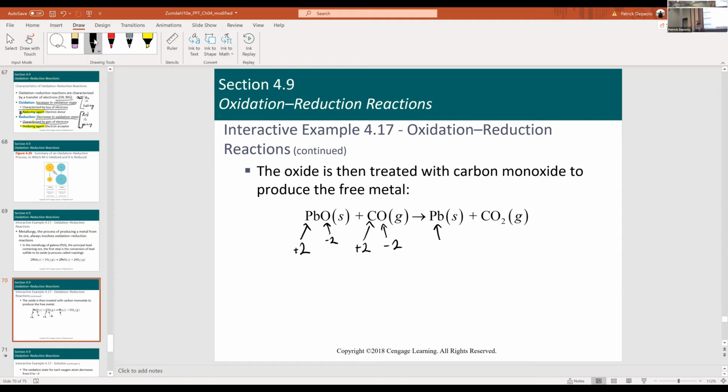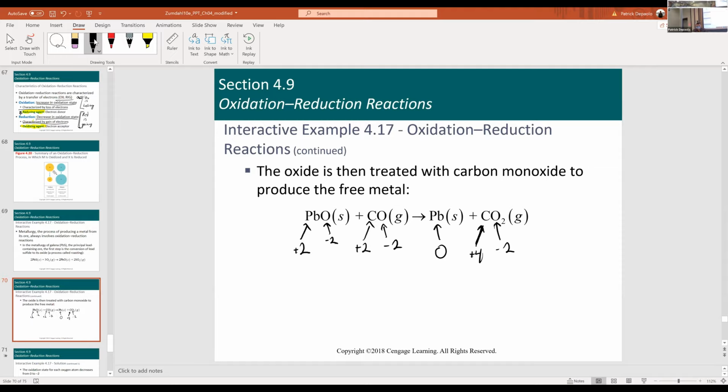Good, 0. Elemental form is automatically oxidation state 0. Oxygen here, -2. What about this carbon? +4, good. All right, I'll give you a second to write all that down. We have the oxidation states of every element in this equation.